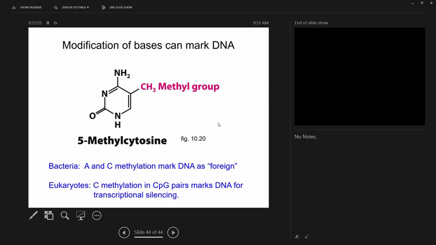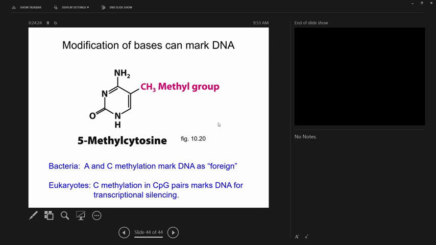So we'll talk about this a lot more when we get to transcriptional regulation way at the end. In addition to DNA being available or unavailable for interaction with transcription factors, there also can be modifications made to DNA that can change its transcription status. And one of those is methylation.